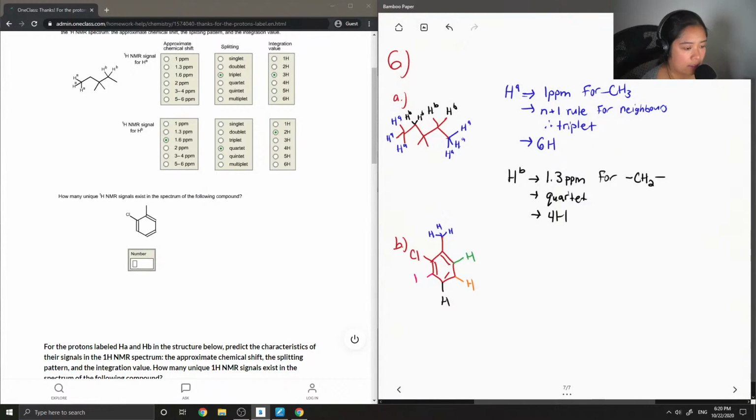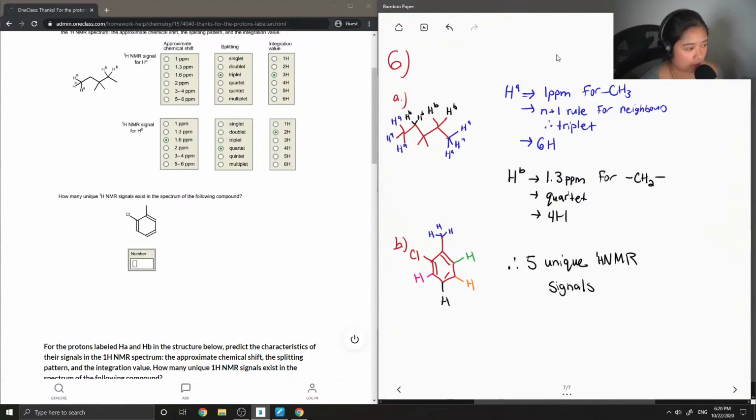And then this hydrogen would also be chemically different from all of the other hydrogens because it is the closest to the chlorine. So counting out all these different hydrogens, we have 1, 2, 3, 4, 5. So therefore, there are 5 unique NMR signals.